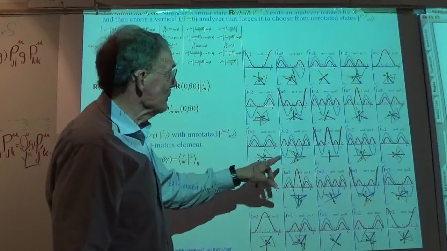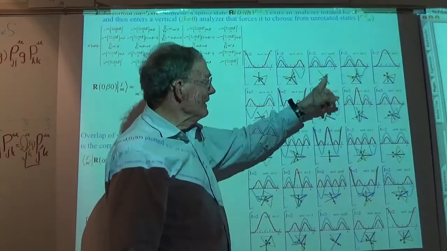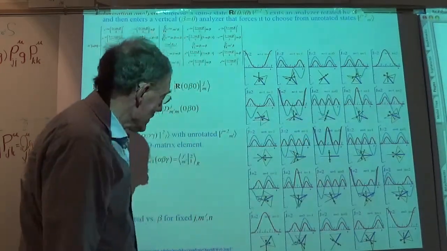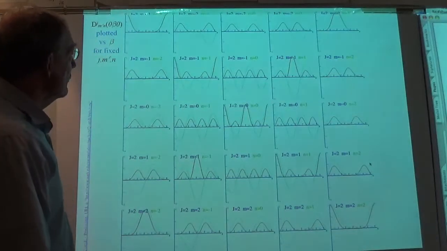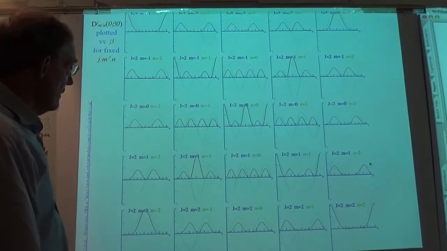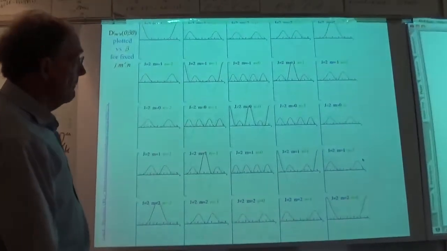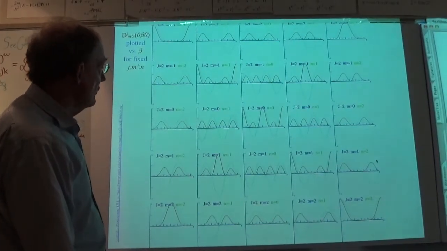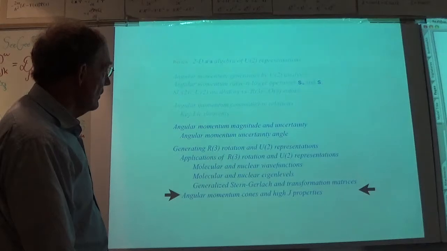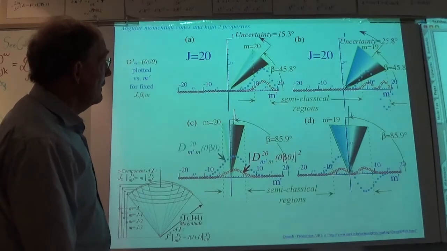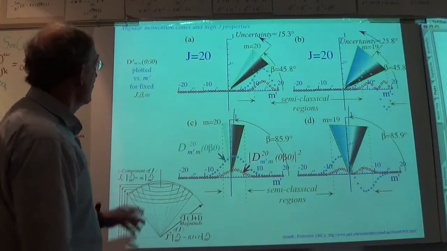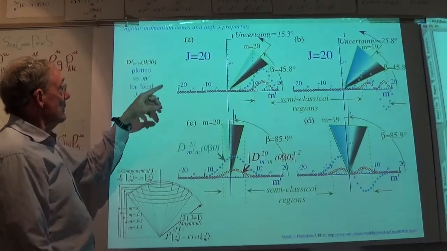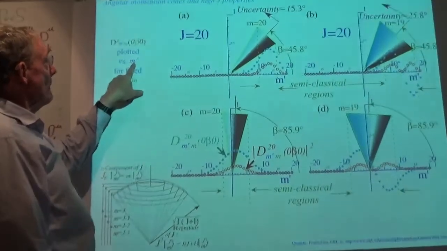In any case, what we want to do is look at what really is going on in that. And that's the next story here. This is a modern picture using this particular app, which you can work at your leisure to study these things. But here is another way to look at it that's really cool. This is plotting the thing versus M prime.